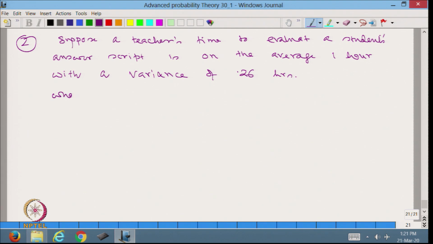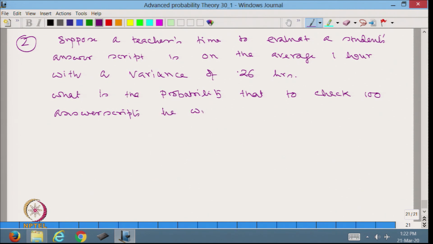What is the probability that to check 100 answer scripts he will take more than 110 hours?